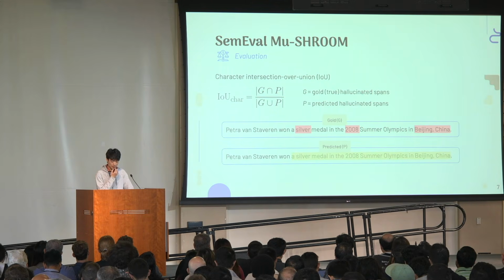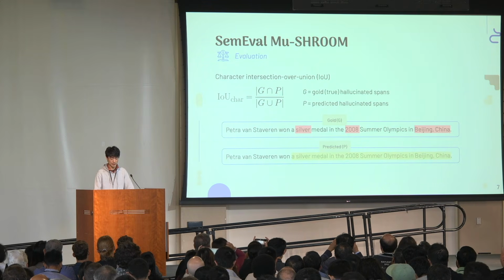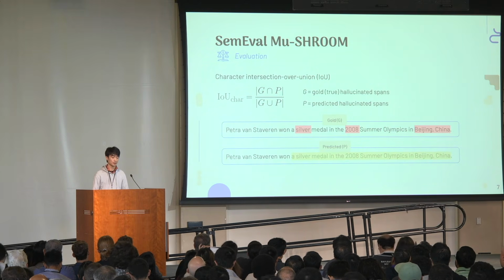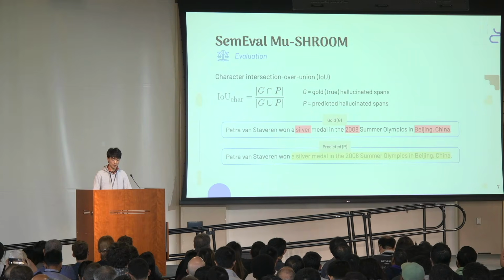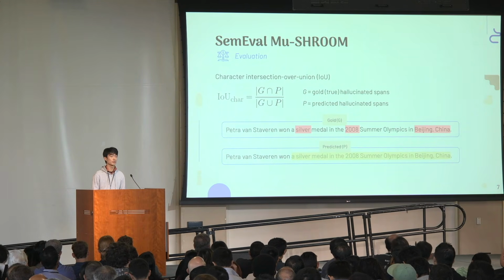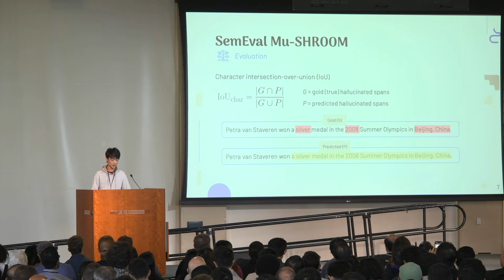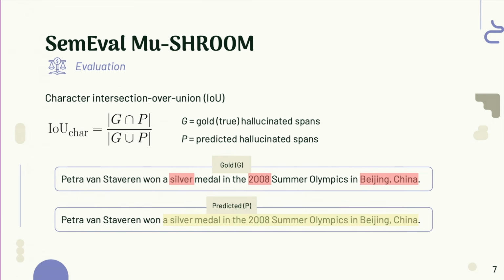The predicted spans are then evaluated with a character intersection over union, or IOU. It counts the set of characters in the intersection of the ground truth and the predicted, and divides that by the count of their union. So in this example, the IOU is computed as the intersection between the gold label spans and the predicted spans.